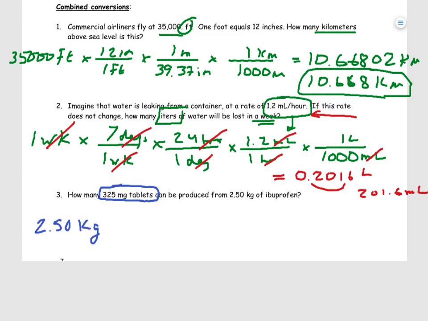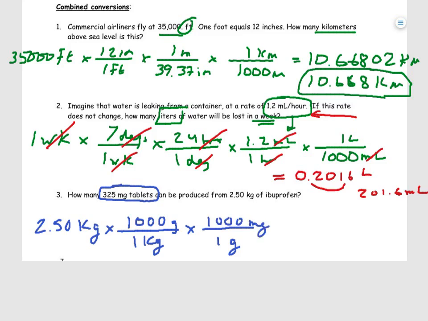If I want to change kilograms to milligrams, I could do it indirectly by saying 1 kilogram is the equivalent of 1,000 grams. That's going to be 2,500 grams, basically. If I change grams to milligrams, in every 1 gram, there's 1,000 milligrams.